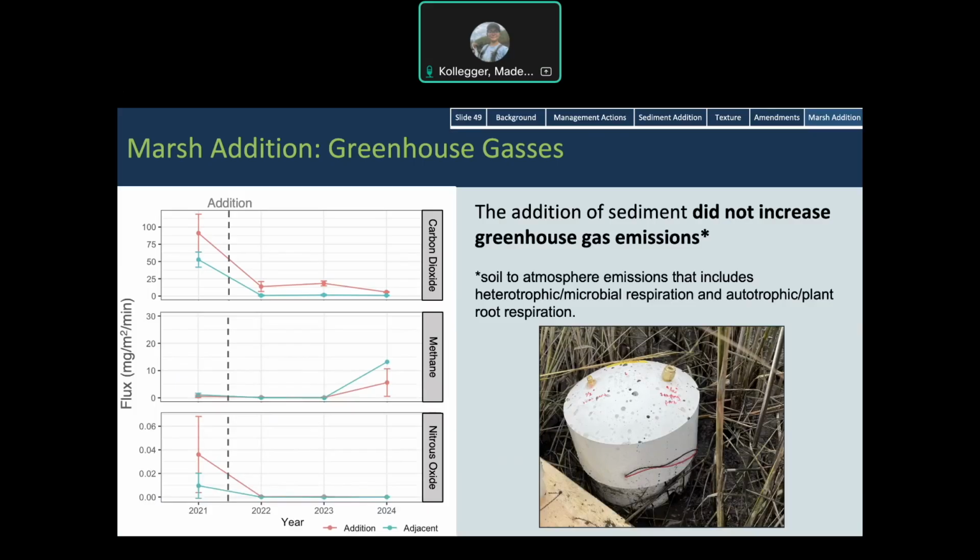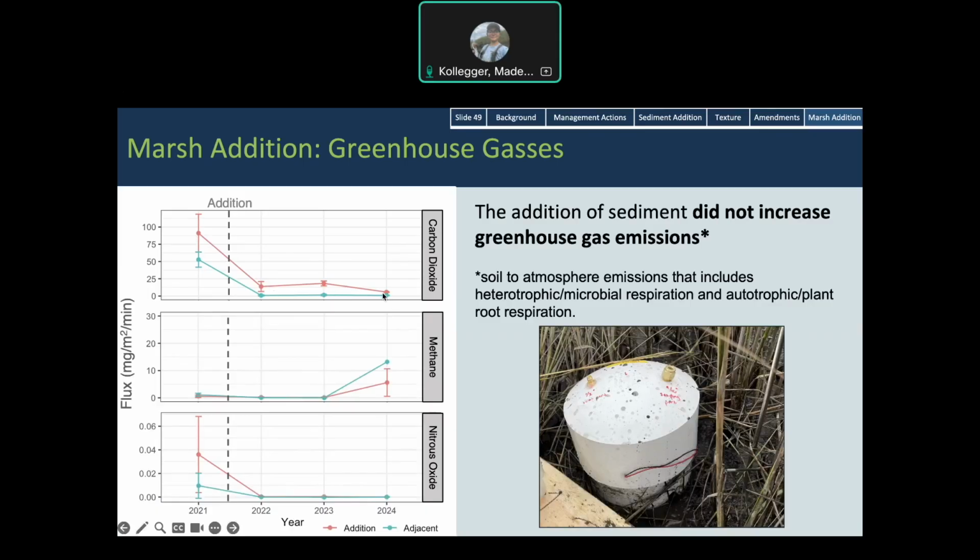In terms of greenhouse gases, our models indicated to us that carbon dioxide was different both between area, but also through time, while methane and nitrous oxide were not. So I'll talk about carbon dioxide. You can see that we did not see an increase in greenhouse gas emissions after the addition occurred. It actually decreased and stayed low.